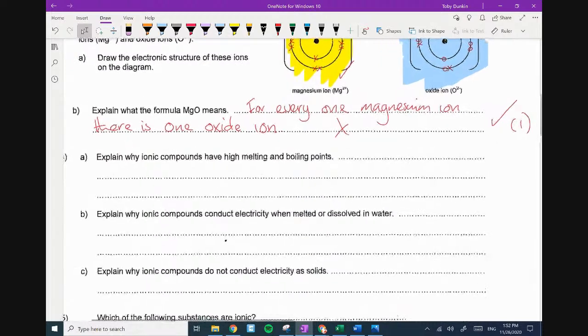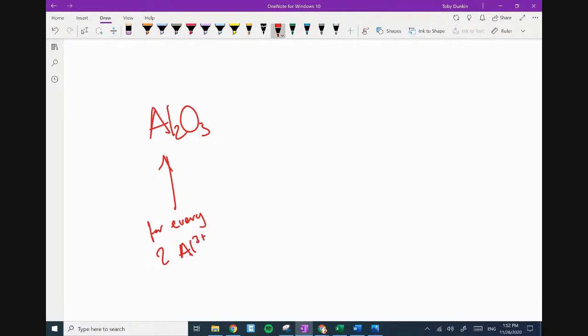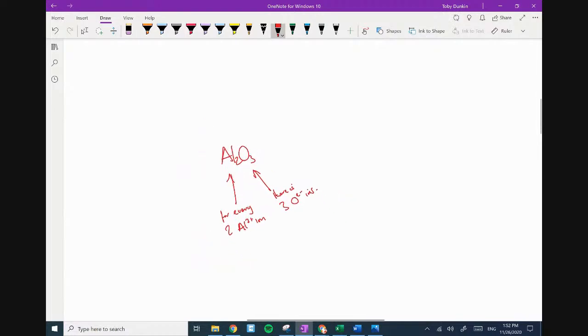They'd allow that. But if you had Al2O3, you would say for every two aluminium 3+ ions, there are 3 oxide ions. That's what it tells us. Yeah, okay.